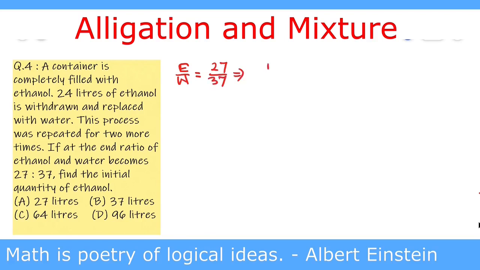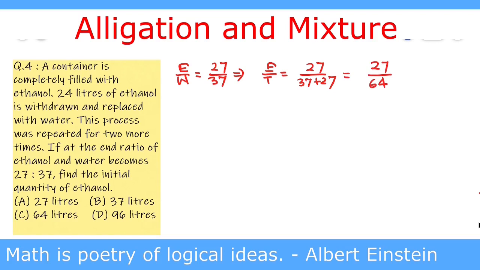So ethanol to total will be 27/(37 plus 27). If we add water and ethanol, we get the total, so the ratio of ethanol to total mixture is 27:64. The sum of 37 plus 27 is 64.